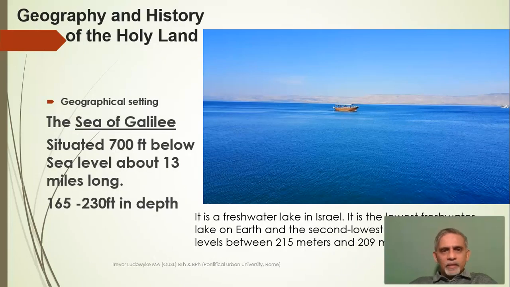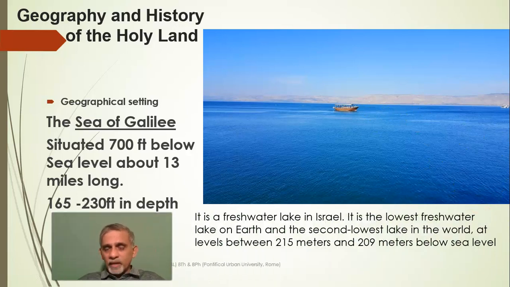Okay, and this is another picture of the Sea of Galilee, situated 700 feet below sea level, about 13 miles long, as I told you, and about 165 to 230 feet in depth in certain areas. It is a freshwater lake in Israel. It is the lowest freshwater lake on earth and the second lowest lake in the world, at levels between 215 meters and 209 meters below sea level, just for your information.